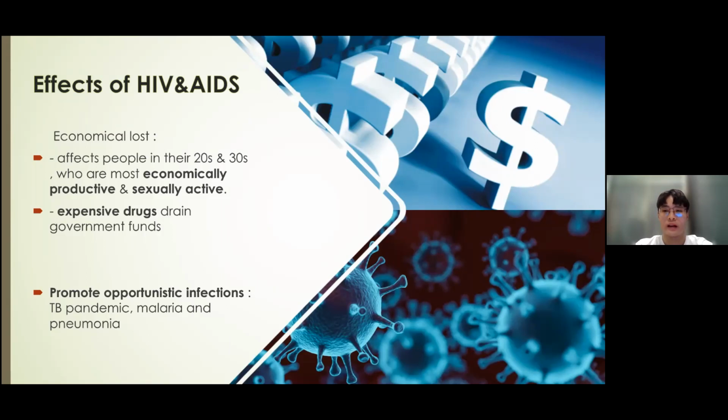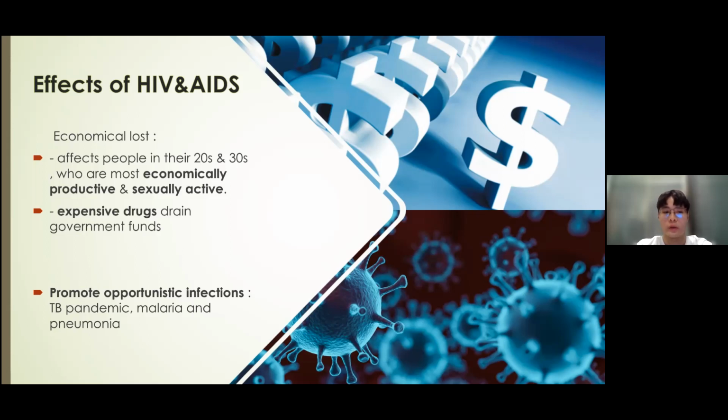But when they are infected by HIV, their immune system is weakened and they fall sick more easily than a normal person. Thus they are unable to focus on their work. And to avoid the transmission of HIV, they cannot carry out any sex activities.